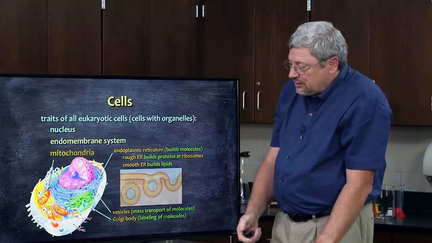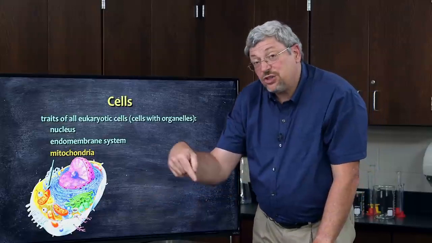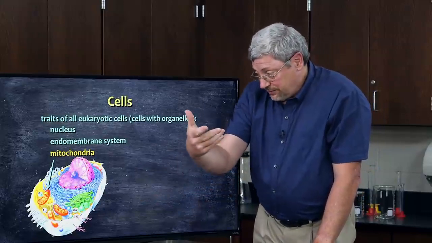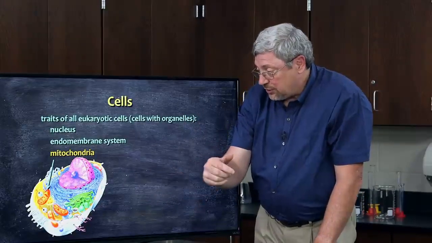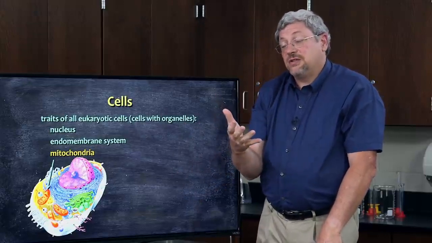And it's then in the Golgi body that we can put the shipping labels on the lipids and the proteins to know where they go. And by the way, most of the shipping labels are themselves carbohydrates.